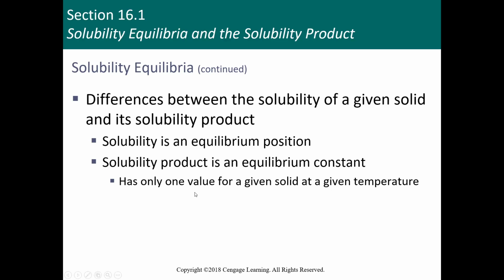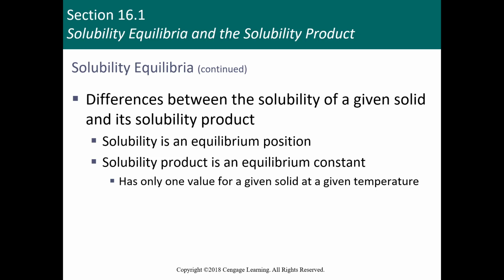Okay? Those are not the solubility product. The solubility product is independent of the position, of the concentrations. The solubility product is an equilibrium constant. Has only one value for a given solid at a given temperature.